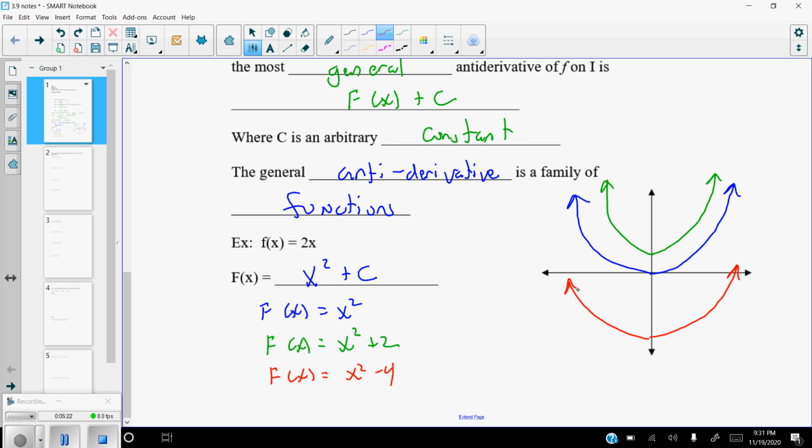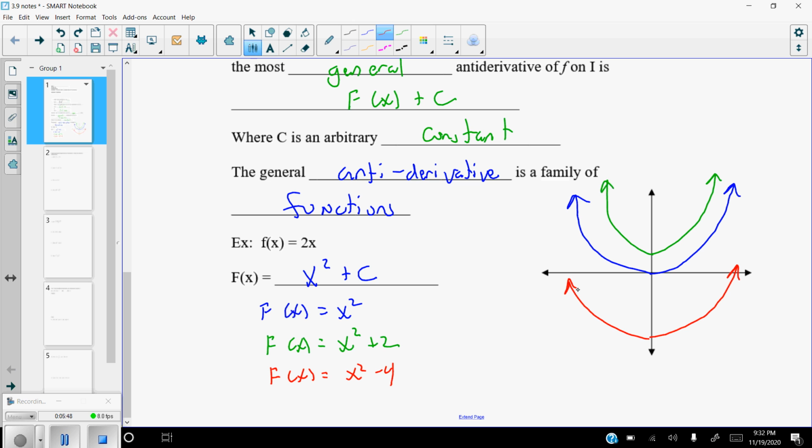So hopefully what you can imagine here is that I could let C be any value that I want to, any constant. And it literally will be every single parabola that you could draw in the shape of x squared that is slid up and down the y-axis. Okay, again, I'm hoping that you can kind of see that. That means that there is no space technically in between every one of those parabolas.